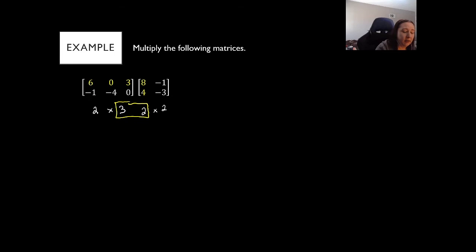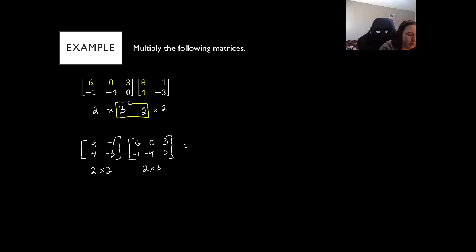So let's rewrite this and put it in the other order, because that way we can multiply it. If we put our 2x2 matrix first, 8, 4, -1, -3, and then multiply it by our 2x3, now our insides match, and we can do this multiplication.